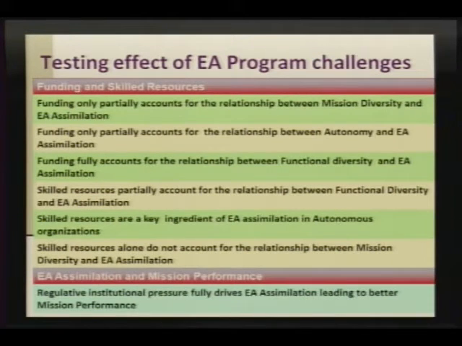And remember that in the program challenges, we had 4 factors. Now we are only left with 2, and that is funding and skilled resources. So what that tells us is that either availability or unavailability of funding can affect, or availability or unavailability of skilled resources can affect assimilation levels.